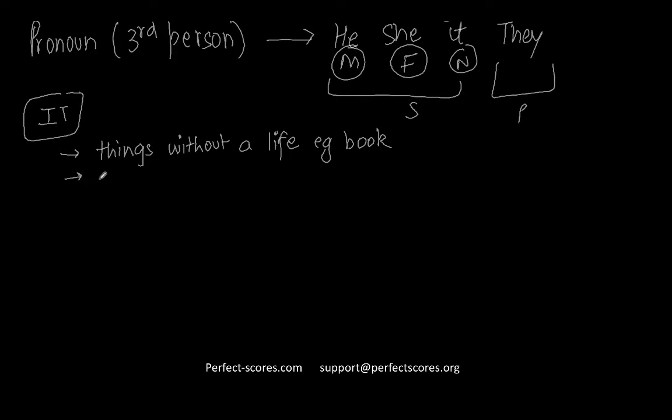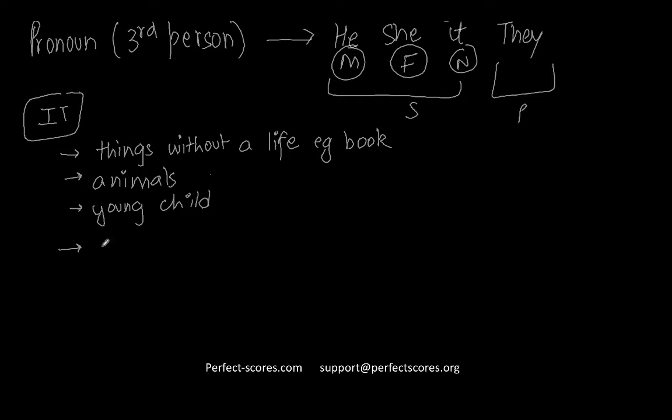Then it is also used for animals unless we very clearly want to talk about their gender as well. For example, the dog sat on its tail or the horse broke its leg. Then we can also use it for a young child unless we want to specify the gender very clearly. For example, when I saw the baby, it was laughing.